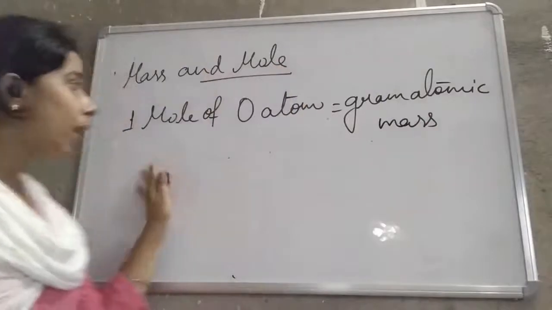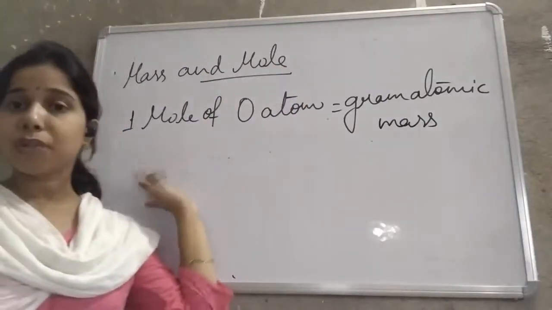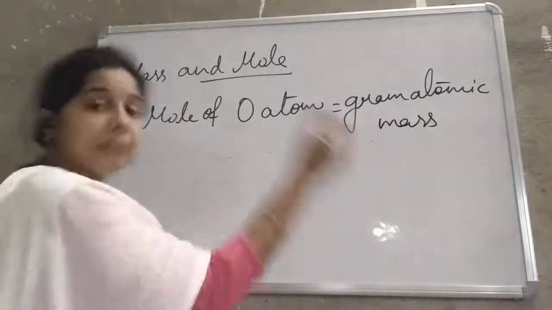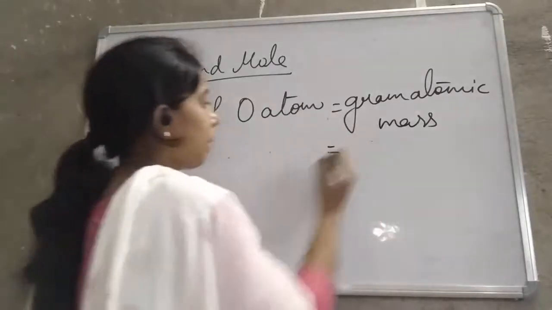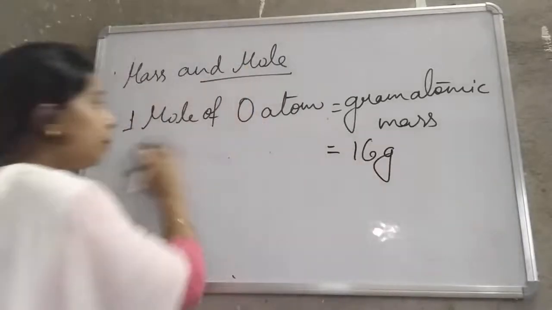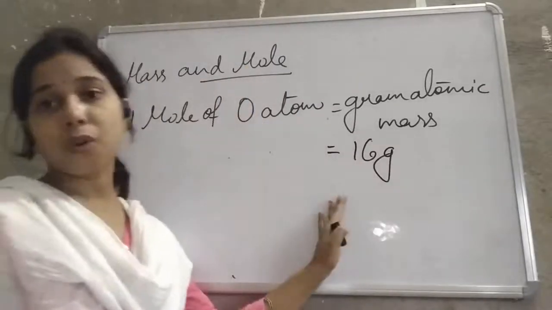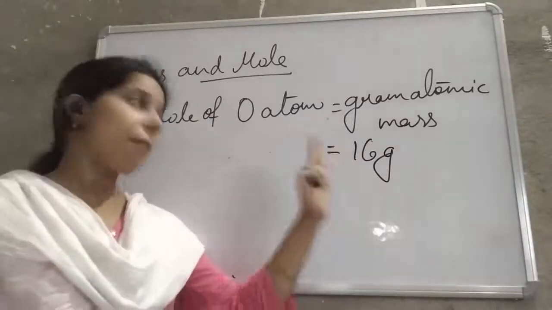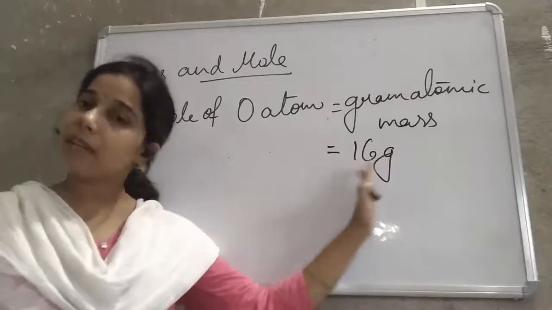Oxygen is 16 gram, so the mass of 1 mole of oxygen atoms is 16 gram.